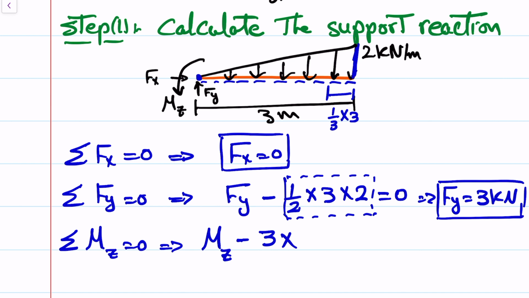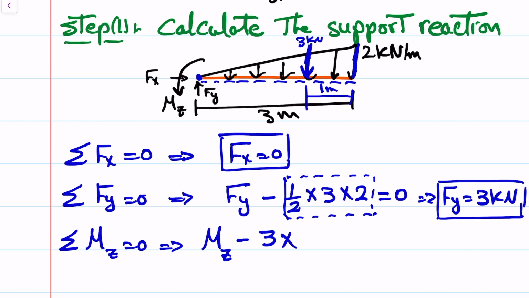So this should be somewhere here. So this is a point load, which is 3 kilonewton, and it is acting at 1 meter from here.